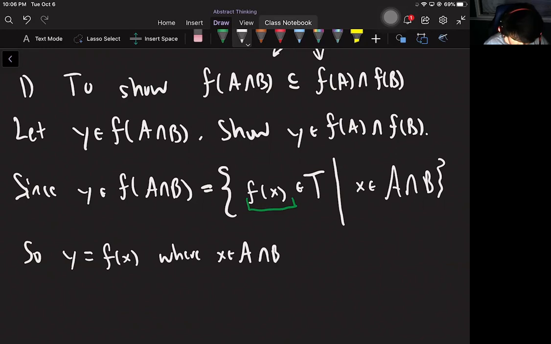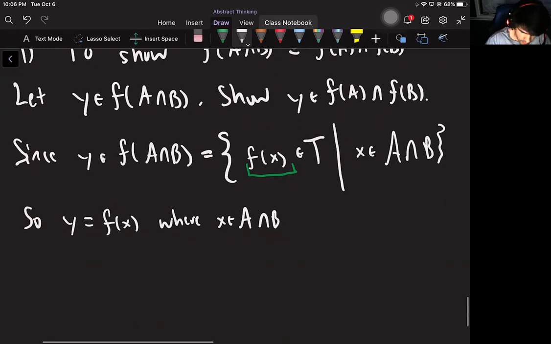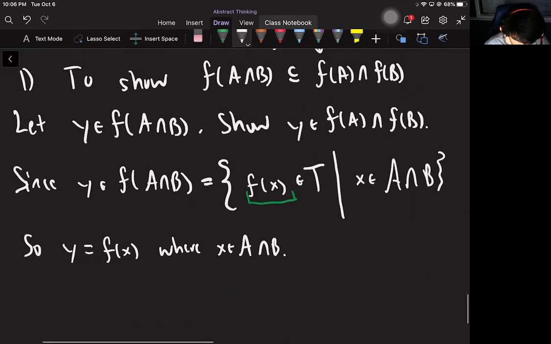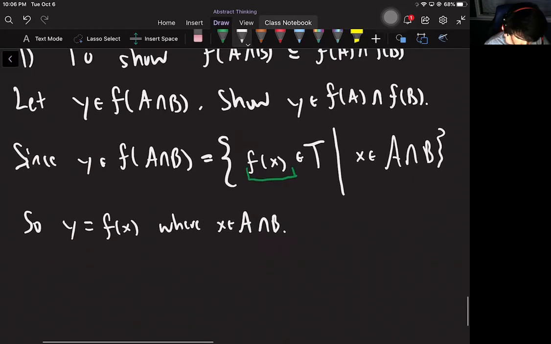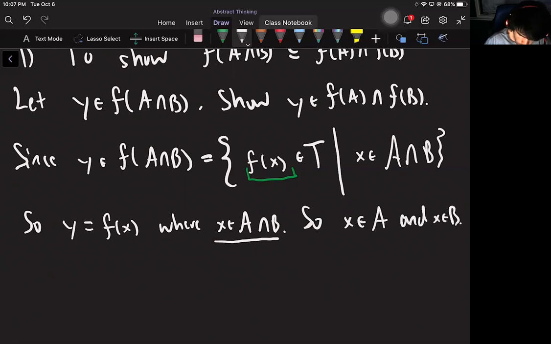That's what the image is. And so now maybe I don't know where to go in the proof, but I do know that I have more information to work with. Because now I know that y came from an x, which was in an intersection. So I can say more about x. It's in an intersection, that means it's in both of the sets.